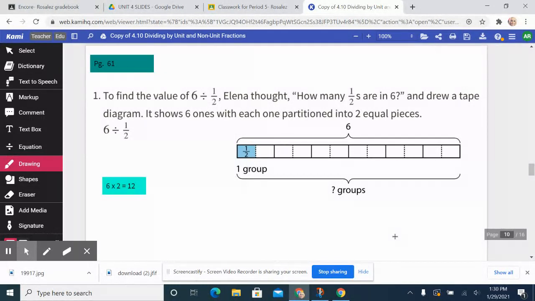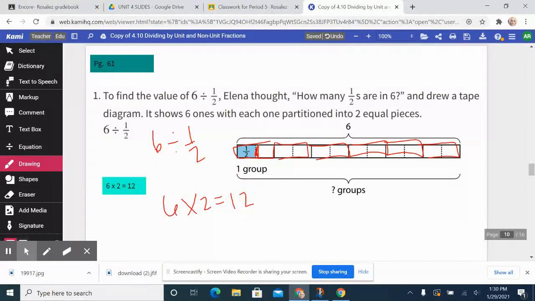It shows 6 ones. So this is your 1, 2, 3, 4, 5, 6, right? And she put each one into a half, right? So if I already see 6 divided by half, in my brain, I think that's 6 times 2.